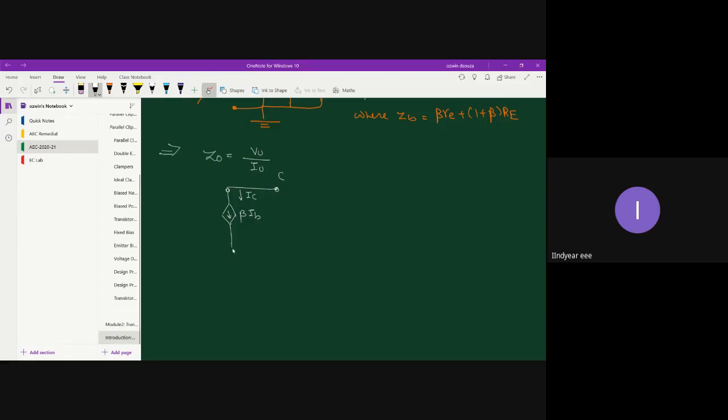And this then gets connected to the emitter terminal, and the emitter will be held at ground potential through the emitter resistor RE. And you have your RC resistor connected here. This is where you are going to observe your output V0 minus and plus, and this is what you claim as your output impedance Z0.